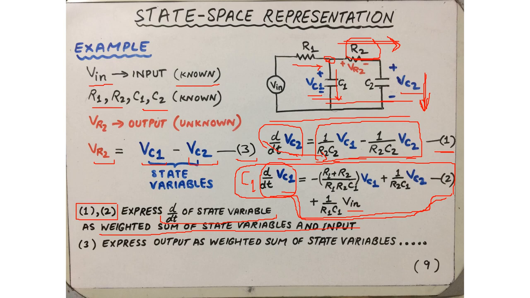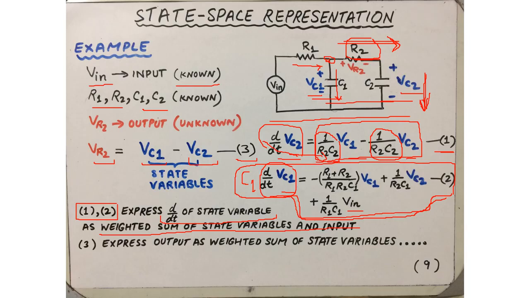So in equation 1, when we say weighted sum, what are the weights? The weights are the coefficients of the state variables. For example, the weight of state variable Vc1 in equation 1 is 1 over R2C2. And the weight of state variable Vc2 is minus 1 over R2 times C2.